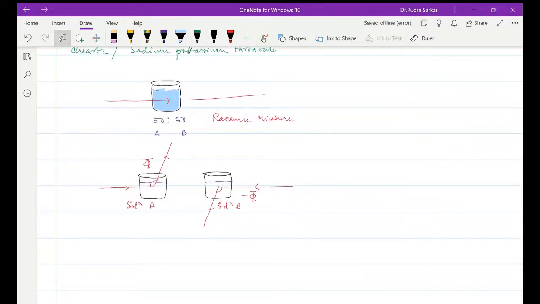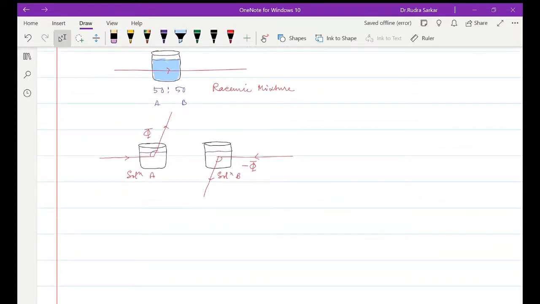However, when he took a separate solution only having A and only having B, and then passed light through it, so now we are not considering any crystal over here. We are thinking of the compound A at the molecular level. So now he wanted to see if at a molecular level these crystal A or crystal B were able to deflect the light, and what he observed was that it could deflect the plane polarized light again.